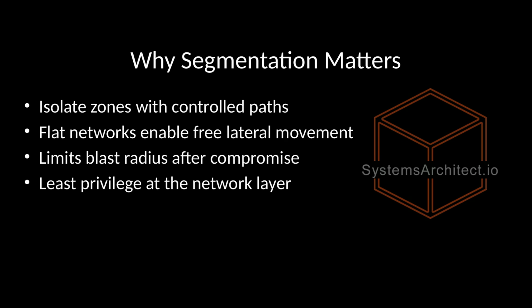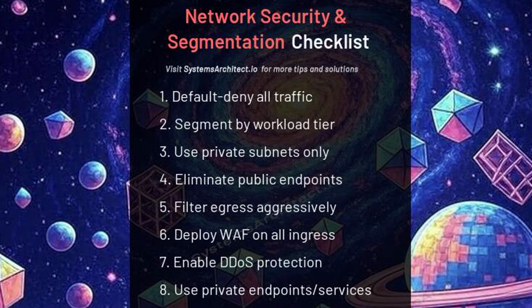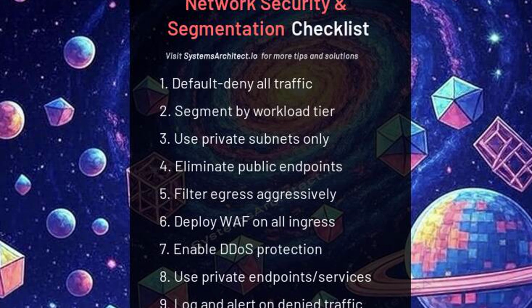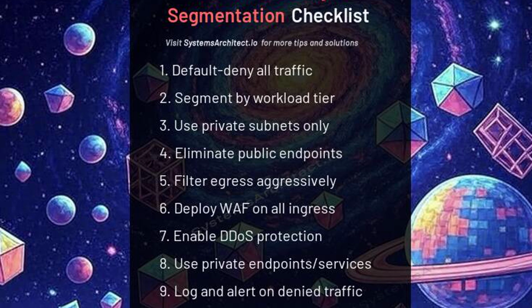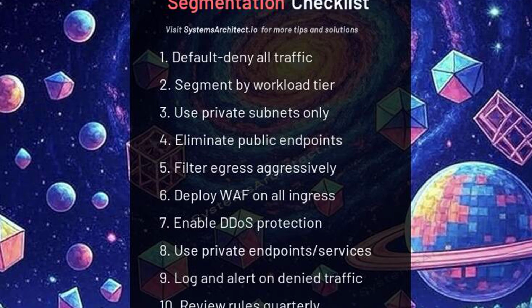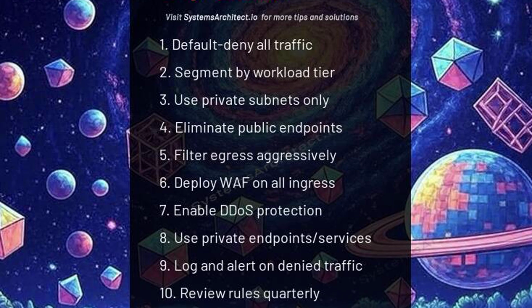This checklist covers 10 practices for defensible networks applicable on AWS, Azure, and Google Cloud Platform. 1. Default deny all traffic. 2. Segment by workload tier. 3. Use private subnets only. 4. Eliminate public endpoints. 5.